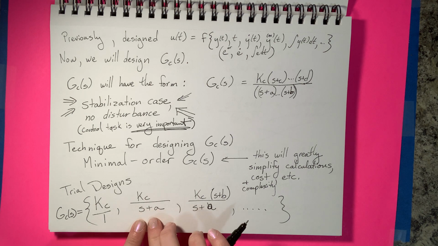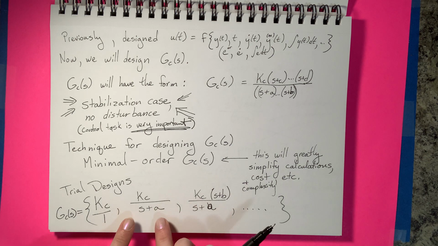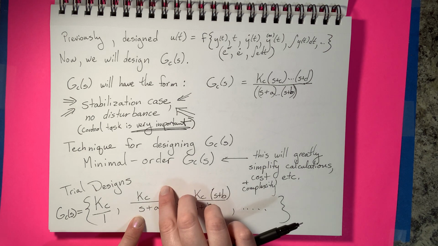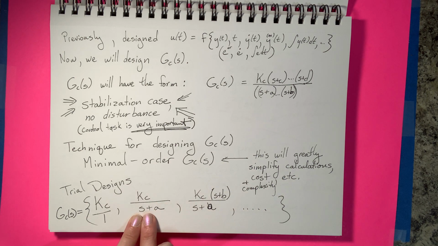You have to keep in mind as you step up complexity in this pattern that the denominator has to have a power of S that is greater than the numerator, or the numerator can be equal to the power of S of the denominator. Okay, so here my power of S in the denominator is 1 and the power of S in the numerator is 0, so we're okay here.